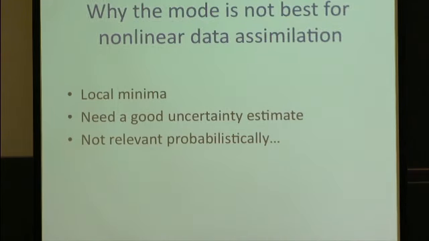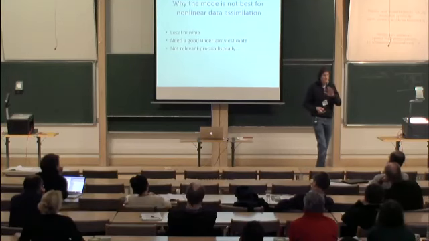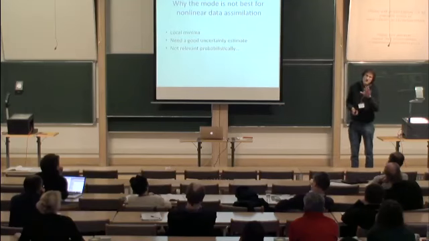Now there are several reasons why I'm not too happy with the mode of the posterior PDF as a solution to the problem. But I must confess that in the atmospheric community, numerical weather prediction, that's what they do.